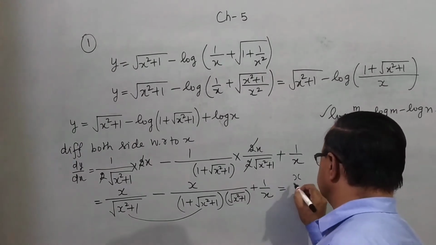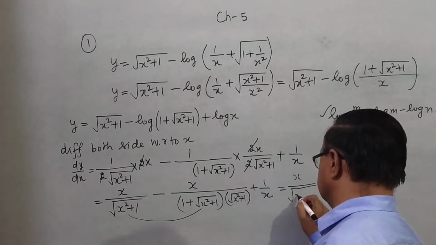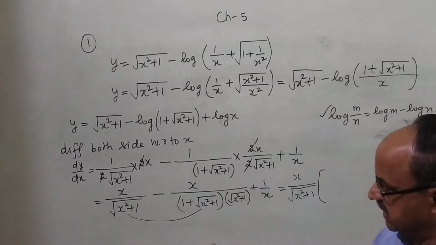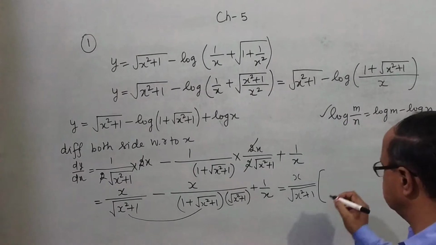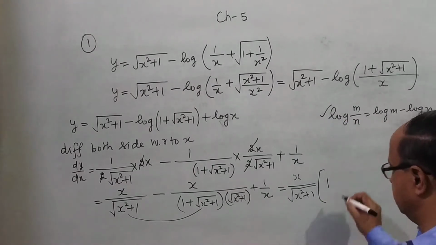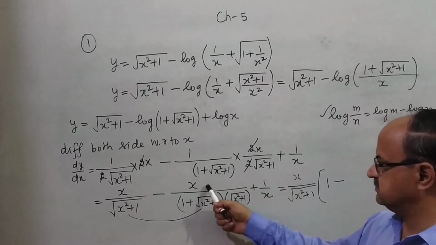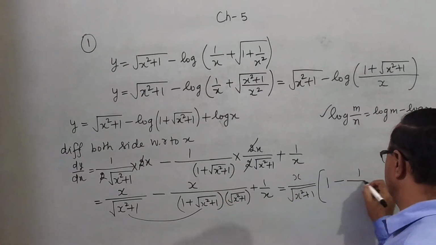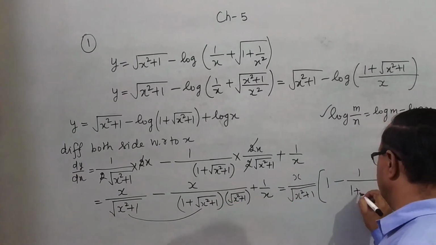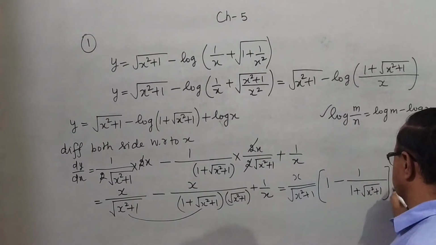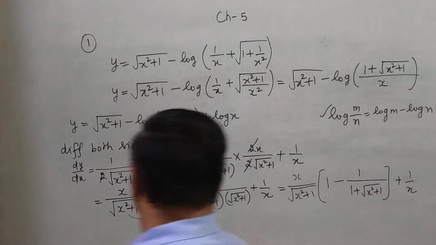Common from this and this is x by root x square plus 1. Minus, when you take this common, it will become 1 upon 1 plus root x square plus 1, and 1 by x as it is.